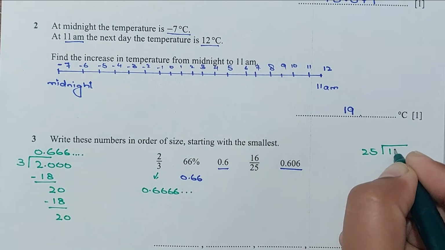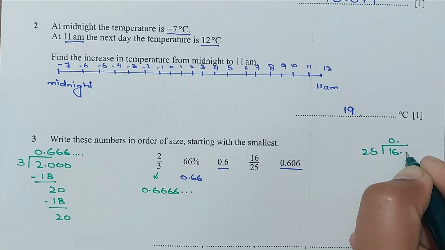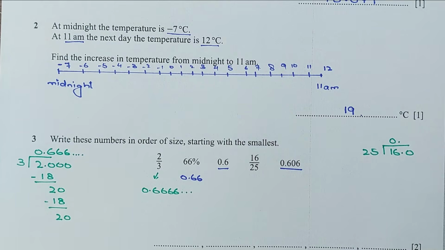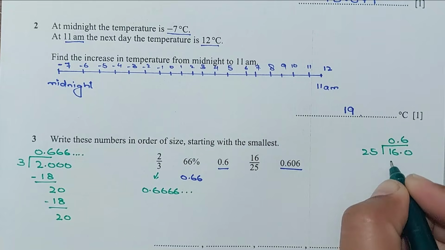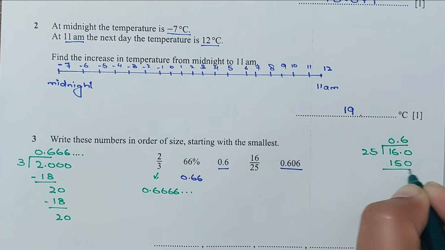Now what is 16 over 25? We have 25 and 16, again 0 point, it's 0. Let me check. 25 times 5 is 125 and 25 times 6 would be 150.